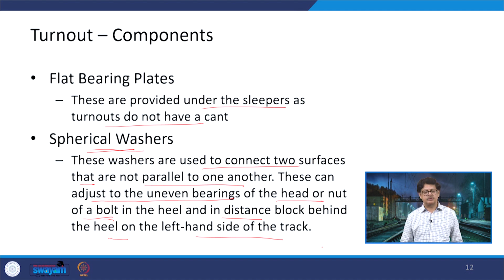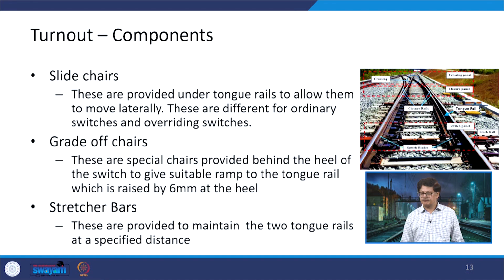So, these are the washers which can fit some uncommon design features. Where you have a bolt that is straight, then it is fine, you can use a simple one, but when it is having say uneven systems or bearings, then these types of washers need to be used. Then slide chairs, these are provided under the tongue rails and with the help of these only they move laterally.